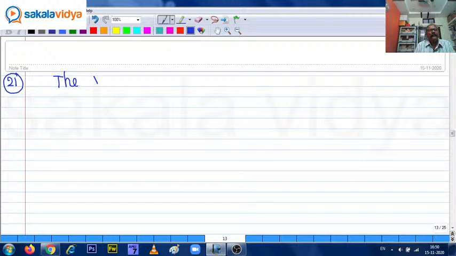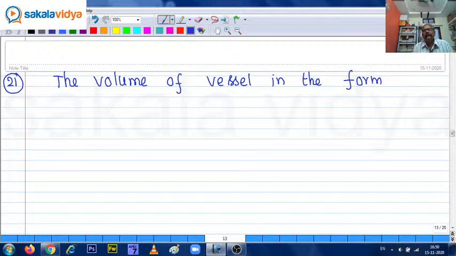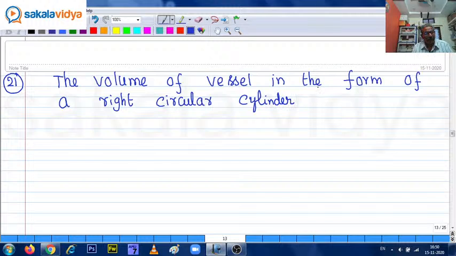The volume of a vessel in the form of a right circular cylinder is 448 pi centimeter cube.